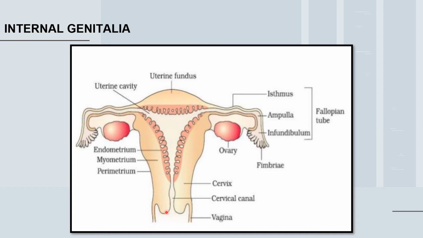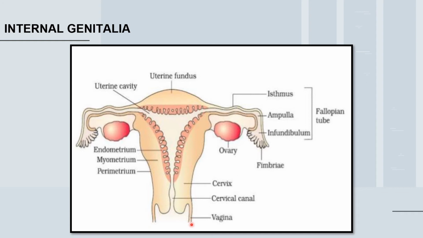The inner epithelium of the vagina is going to have certain transverse folded structures called rugae. This inner epithelial layer of the vagina has epithelial cells, and those cells secrete glycogen.